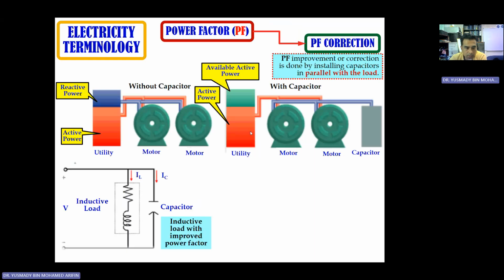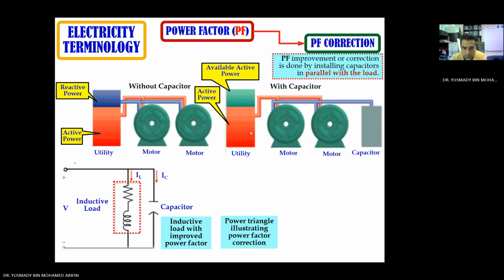Okay, so these are the circuit of the inductive load, where the capacitor is installed parallel to the inductive load, as shown in the figure. And these are the power triangle illustrating power factor correction.